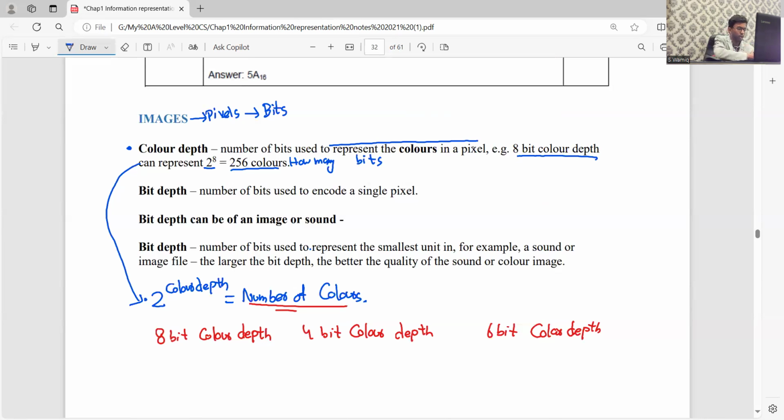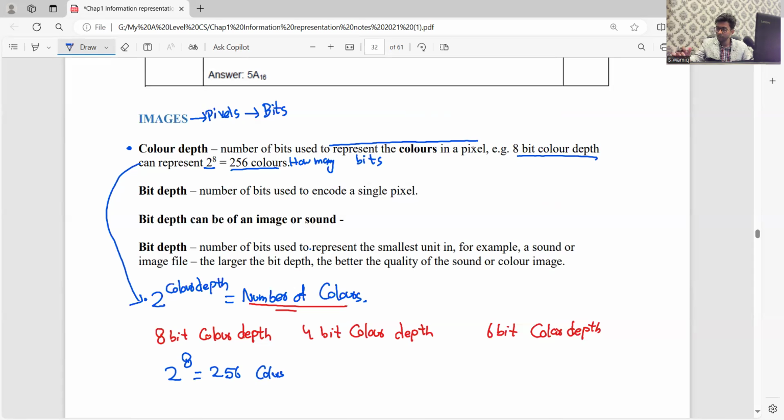You take 2 to the power of 8, and the number of colors is going to be 256 colors. That means if I multiply 2 eight times, I have this many colors.